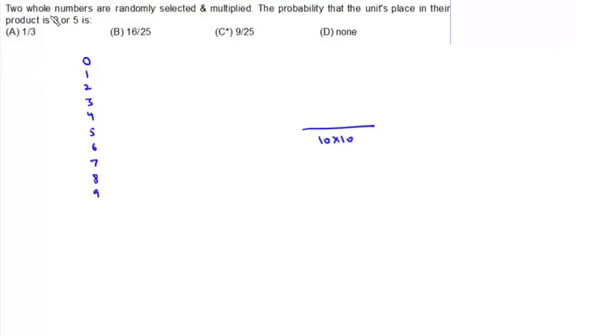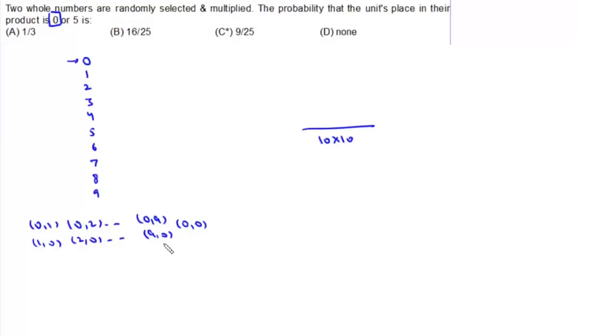Now first we look at all the conditions when units digit is 0. It will be 0 if 0 gets multiplied with any other number. So it will be 0 into 1, 0 2, up to 0 9, or it could be 1 0, 2 0 up to 9 0, and then we can also have this 0 0.